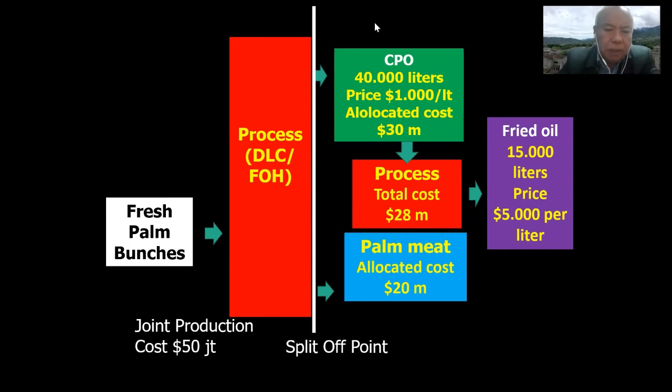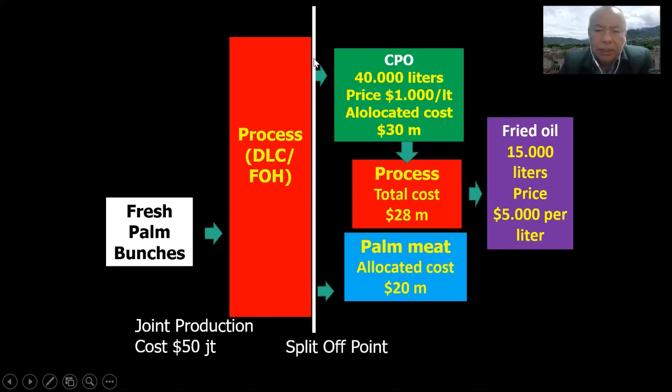For example, we use fresh palm bunches as the raw material. To process this, we need direct labor costs and factory overhead costs. From this process, we get two kinds of products, CPO and palm meat.